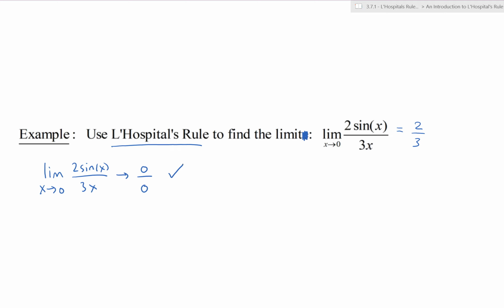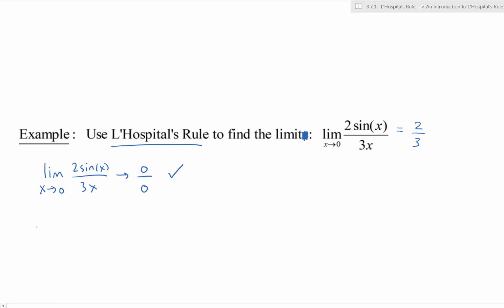Part of the condition of using L'Hopital's rule is starting with one of the two indeterminate forms. Moreover, both sine of x and x are differentiable functions for all real x, really. So 2 times sine of x and 3 times x are also differentiable, and moreover continuous for all real values of x. So L'Hopital's rule applies to this situation.